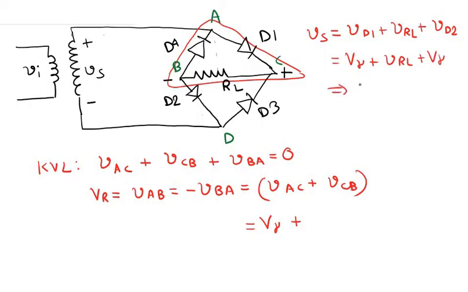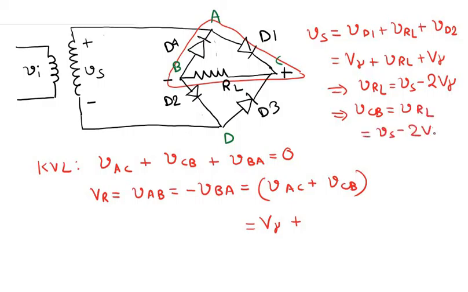So VRL is Vs minus 2 V gamma, and VCB is VRL, equal to Vs minus 2 V gamma. Here we replace VCB by Vs minus 2 V gamma, so this is equal to Vs minus V gamma.